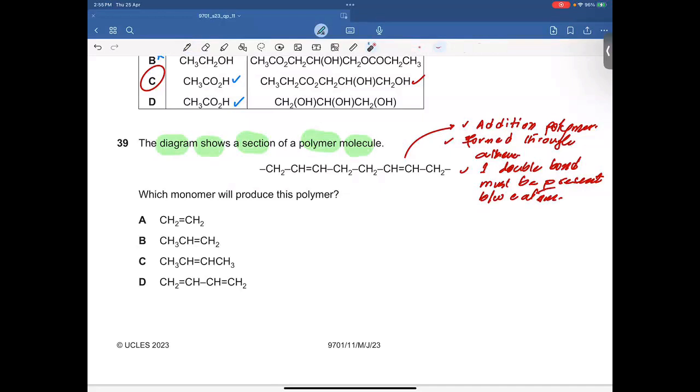So if one double bond must be present between carbon atoms, obviously after the polymerization, this double bond is going to be saturated, right?